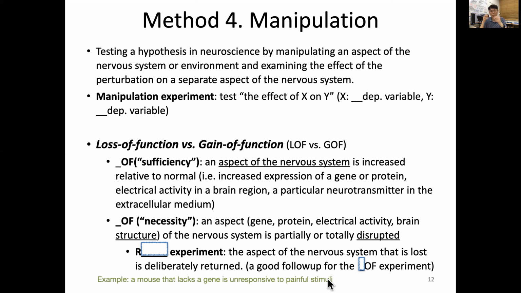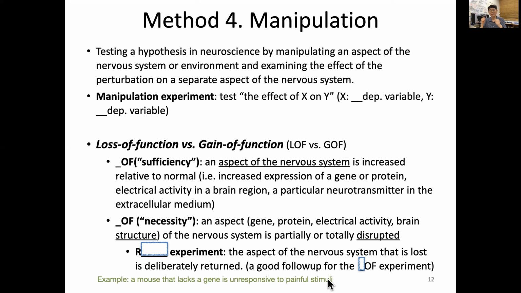The right way is: when we remove this gene and we see the mouse does not recognize pain, that means this gene is at least necessary for proper performance of pain detection. That is a more precise or proper conclusion. And why?